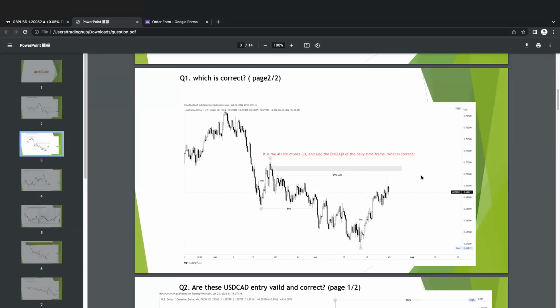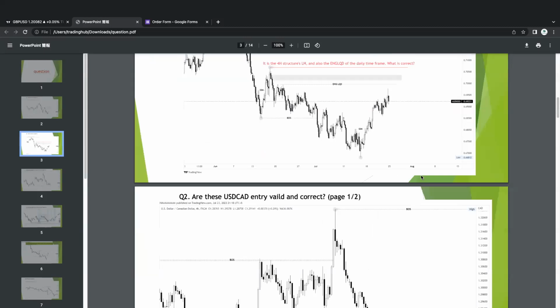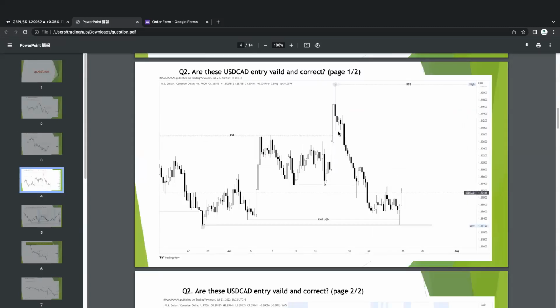This one is also correct. Are these entries valid? If you mark this as a valid BOS, then this entry is valid, because this becomes our inducement and this is our engineering liquidity. Market taken out the engineering liquidity, taps on the extreme and goes higher. If this BOS is correct, then this entry is correct.